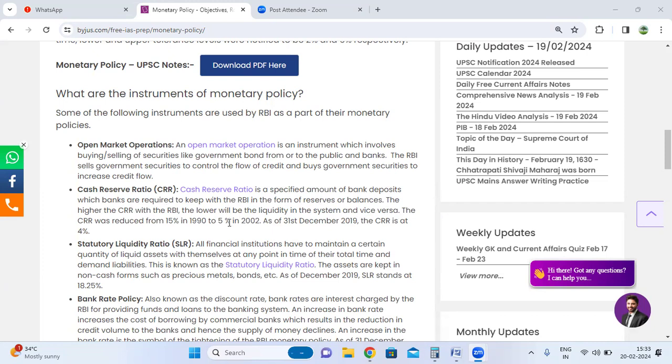The cash reserve ratio was reduced from 15% in the 1990s to 5% in 2002. As of 31st December 2019, the CRR is 8.4%.